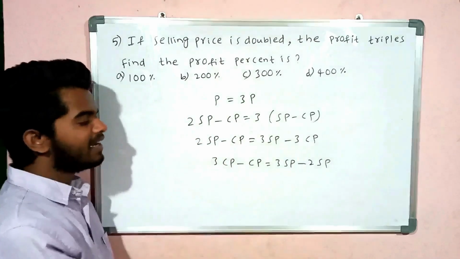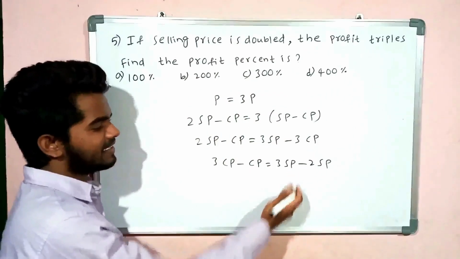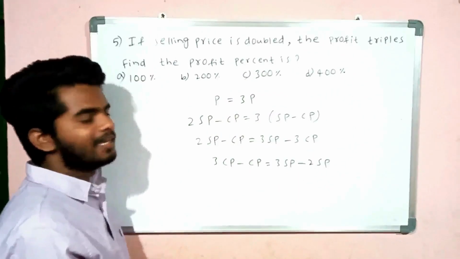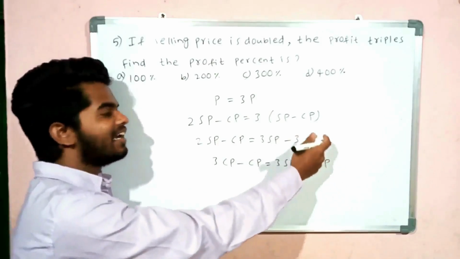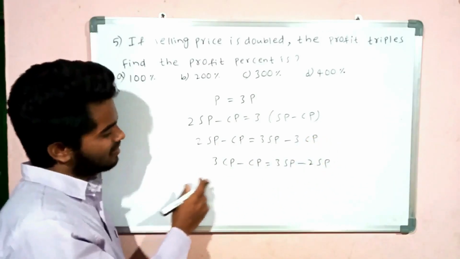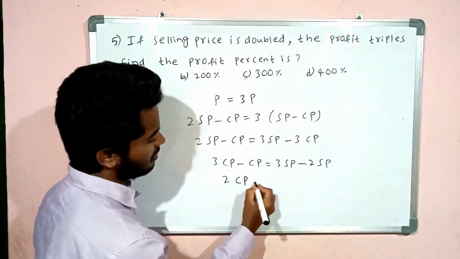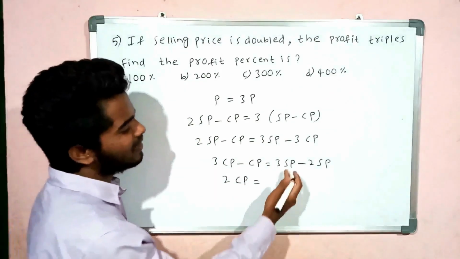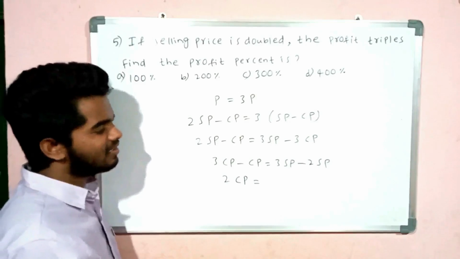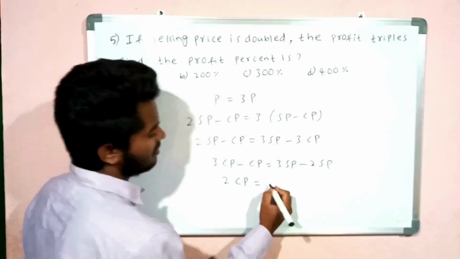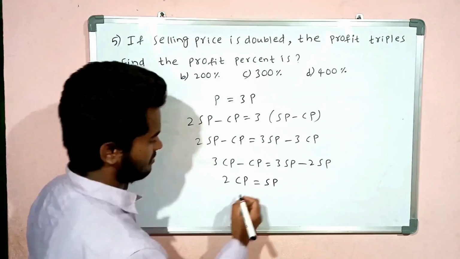So 3 CP minus CP, 2 CP. 2 times cost price equal to 3 selling price minus 2 times selling price, 1 selling price.